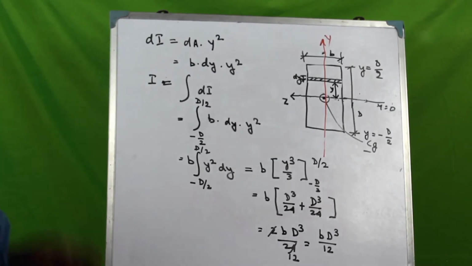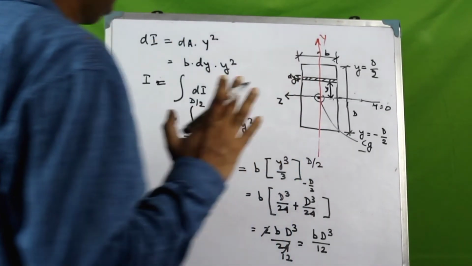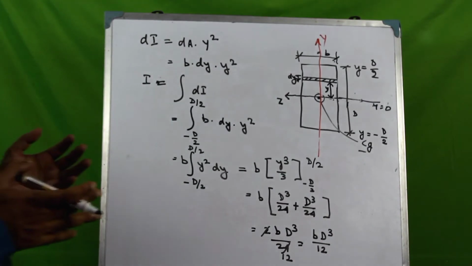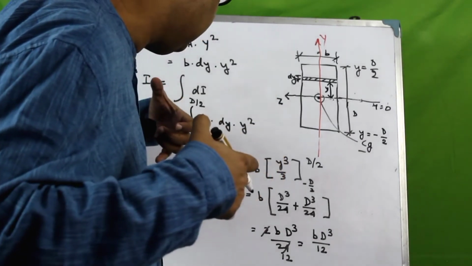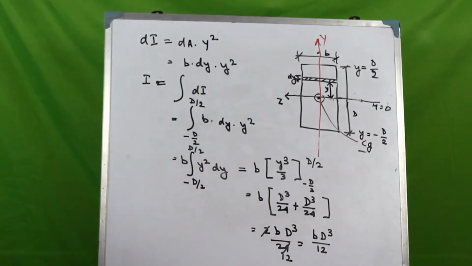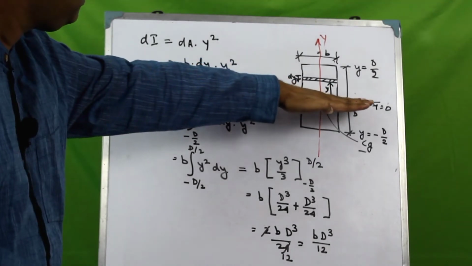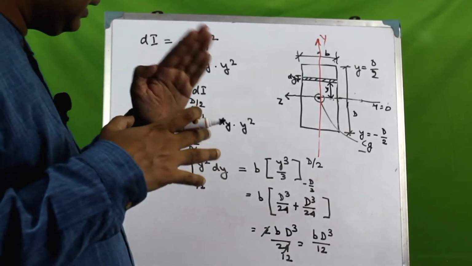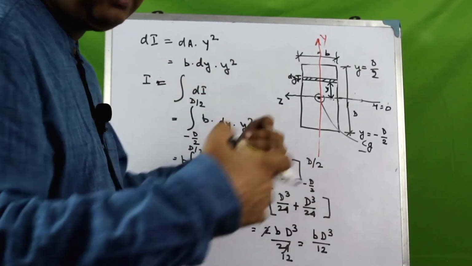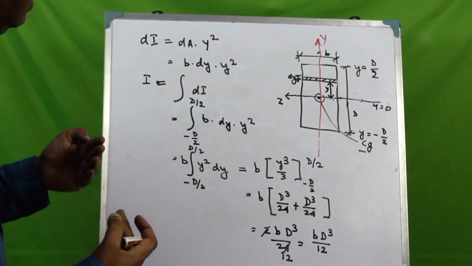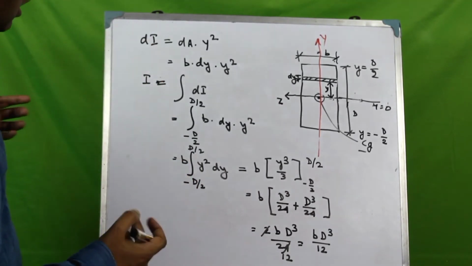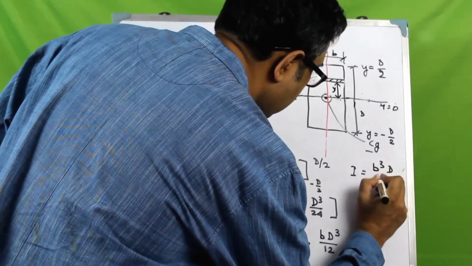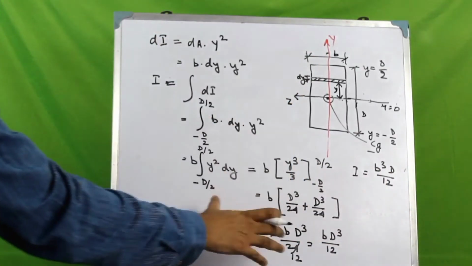If the beam is bending about the y-axis, that is, bending in a plane of symmetry like this along the z-axis, then the moment of inertia would be b cube d by 12, and we can prove this in a similar manner.